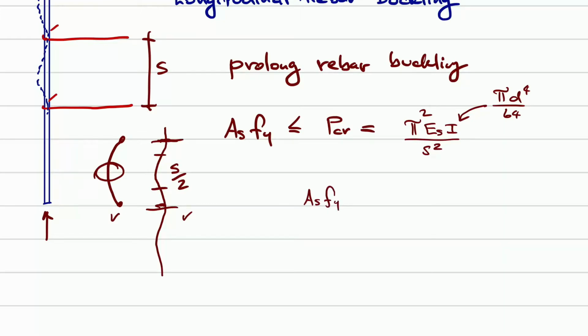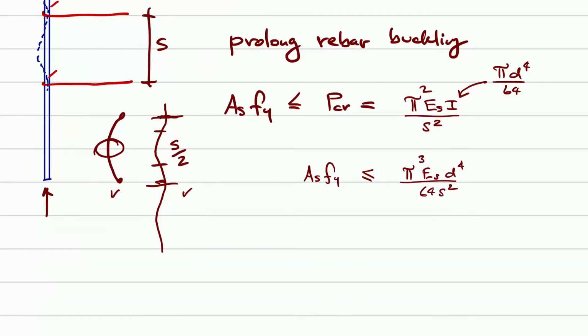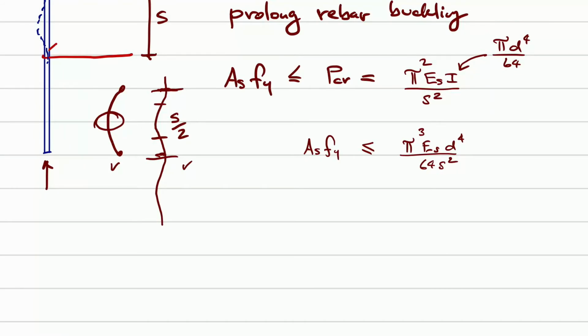As Fy has to be smaller than pi cubed Es I over S squared, and I is pi d to the fourth over 64. Am I missing something? No.